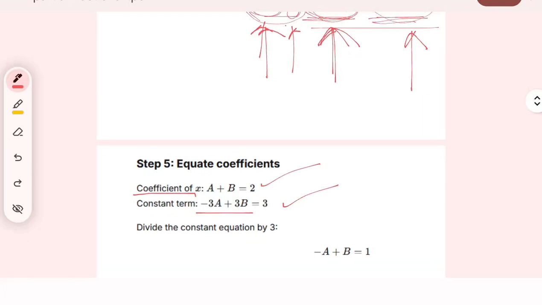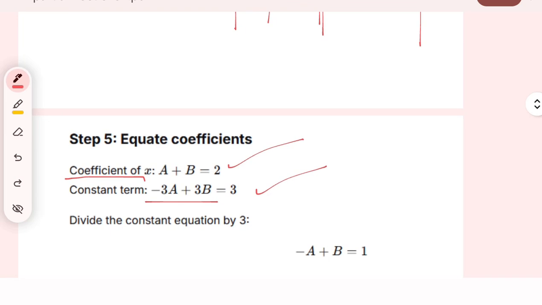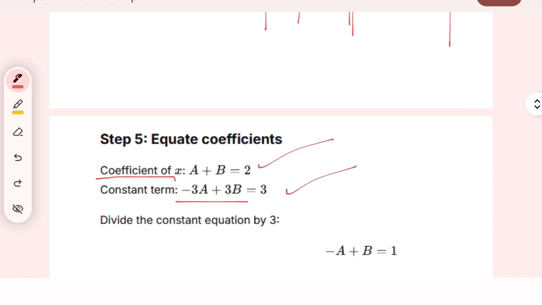So basically, we have two equations with two unknowns, a and b, right? If we look at this equation here, we can divide both sides by 3. So what is left is a plus b equal to 1.